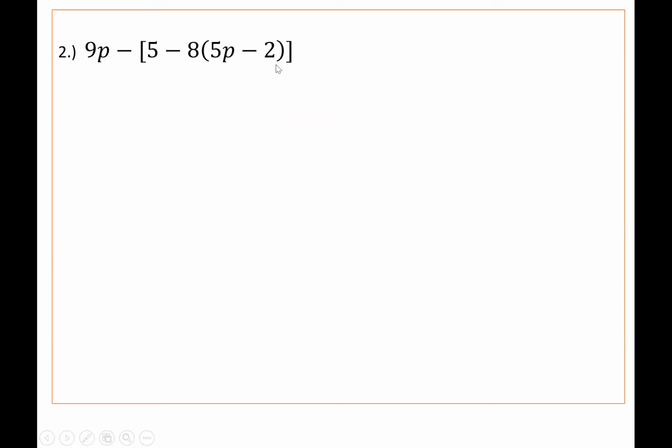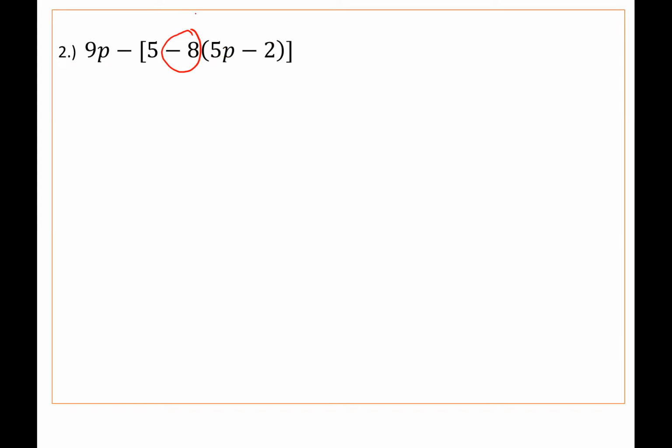Okay, so remember with order of operations, how we kind of worked from the inside out when we're dealing with grouping symbols like parentheses. It's the same idea with distributing. So I'm going to work from the inside out. So the inner parentheses, 5p minus 2, there's nothing to do in there, but I'm looking at this number right outside those parentheses, this minus 8.